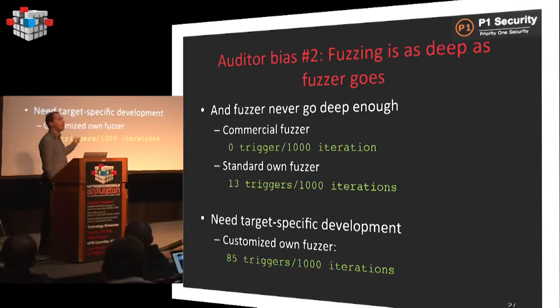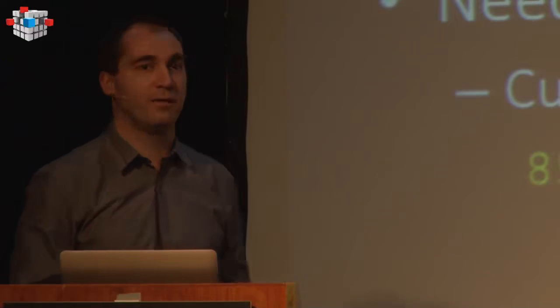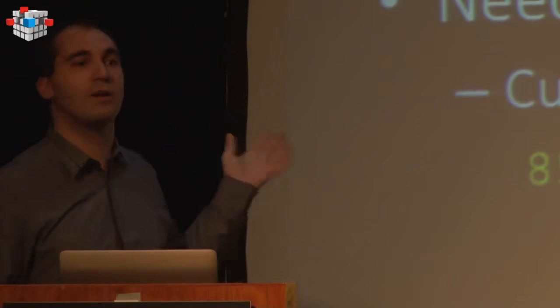Well, in this case, only with some improvement, doing custom tools and getting into real fuzzing, we went up to 85 triggers on 1,000 iterations of fuzzing. And this kind of statistic, if you talk to the Adobe or Microsoft guys, they would look at you in horror and say, poor guy, you really need some help. This is really bad metrics. And we are talking about what is called critical infrastructure equipment.